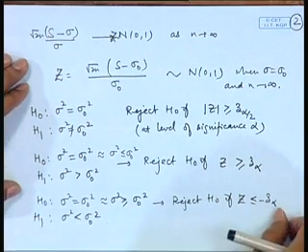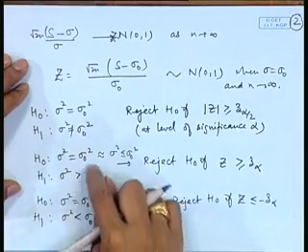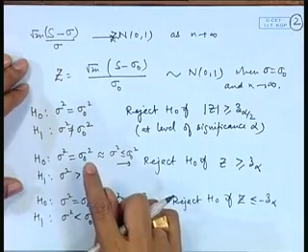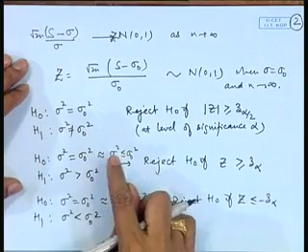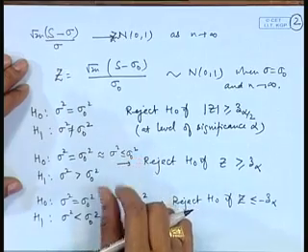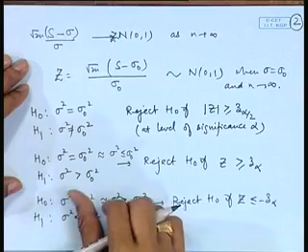Let me give one example here. Also, the framing of the hypothesis is important here. Since we are controlling the probability of the type 1 error, that is rejecting H naught when it is true, therefore, rejecting H naught is always considered as a strong conclusion. Therefore, the hypothesis for which we want to give an importance, we can put it in H1.